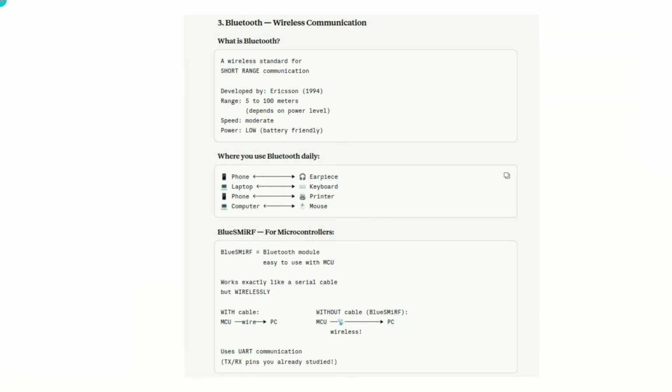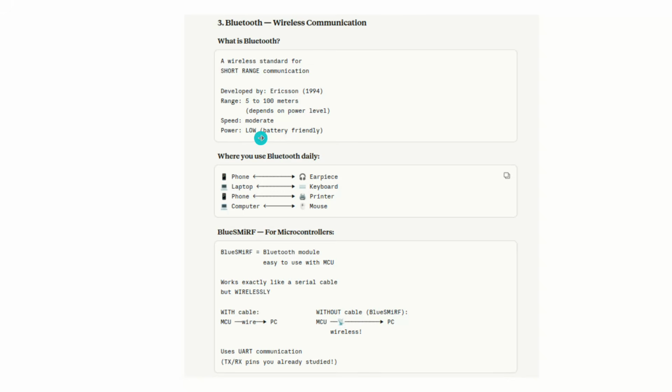What is Bluetooth? We know Bluetooth is a wireless standard for short-range communication. It was developed by Ericsson and the range is 5 to 100 meters depending on the power level. The speed is moderate, power is low, battery friendly.